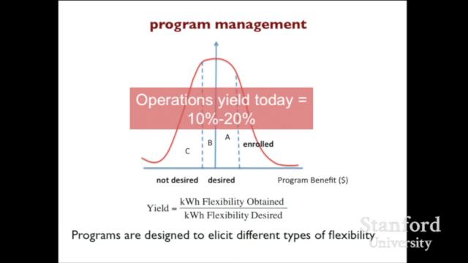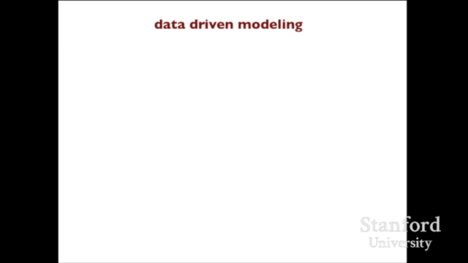So the question is, if you want to elicit this flexibility of various types, I need to run these programs better, and to understand how to run these programs better, what can I do? Let's see what is done today and what we and others are trying to do. Today, the way a program is run is you start with an initial small set of customers, say 100 or 1,000.